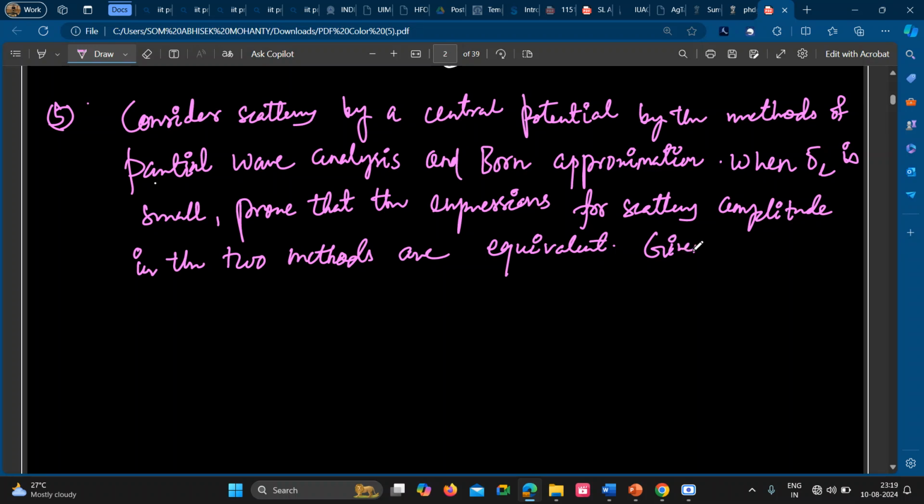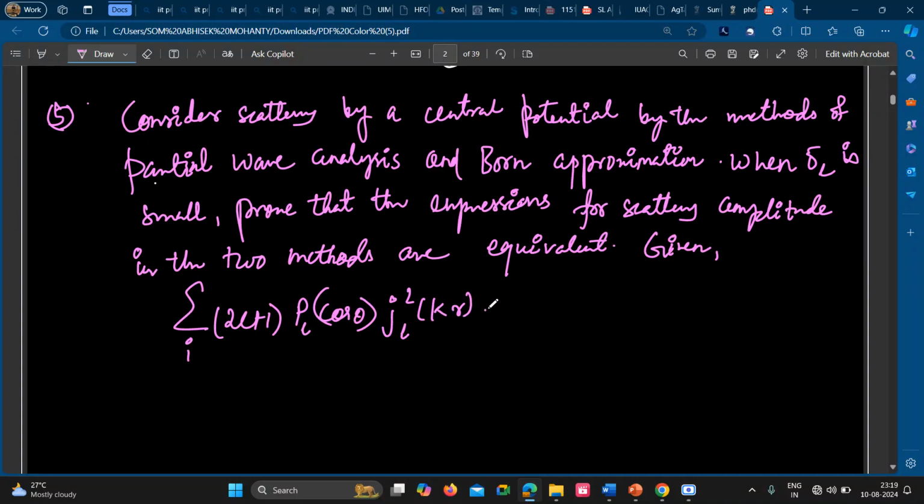What is given here? Given summation of 2l plus 1, P_l cos theta, j_l square of kr, is equal to sin qr divided by qr, and you have to prove it, where q is equal to 2k sin theta by 2.